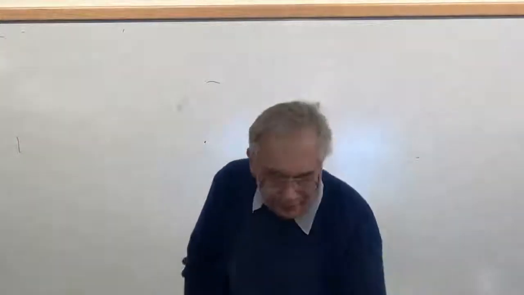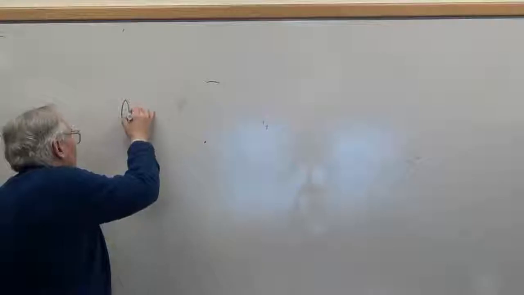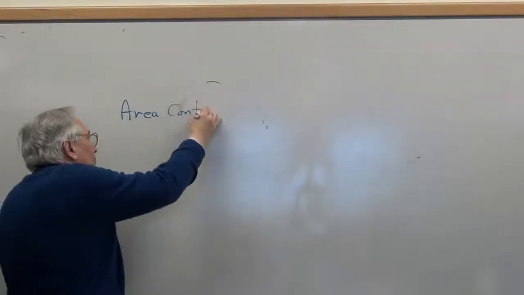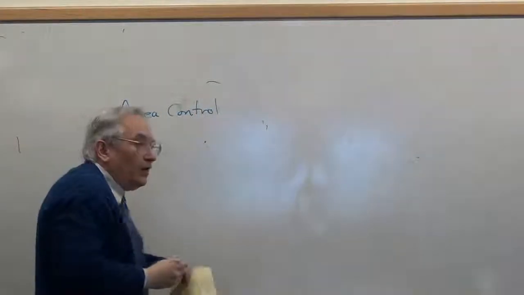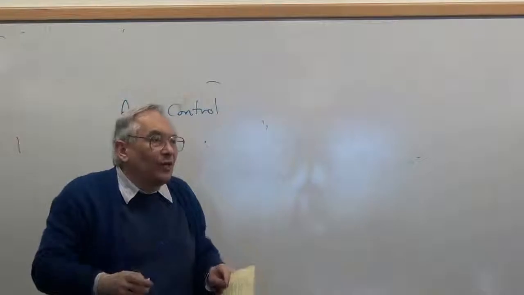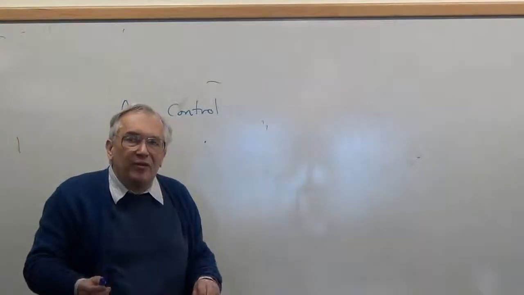Good. So we will start out. And we could start off with area control. And area control can be straightforward, the way it is in Monopoly or Risk. There are identifiable geographic areas, and you grab it.